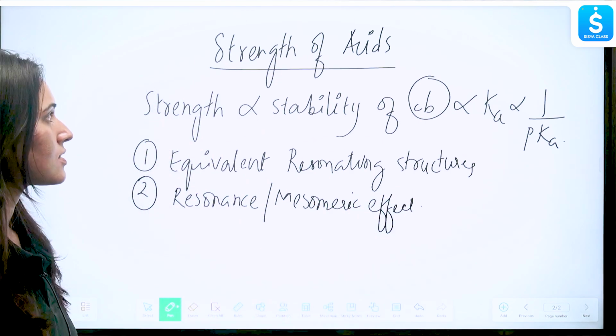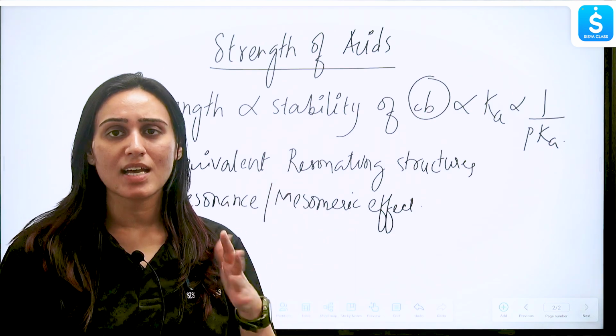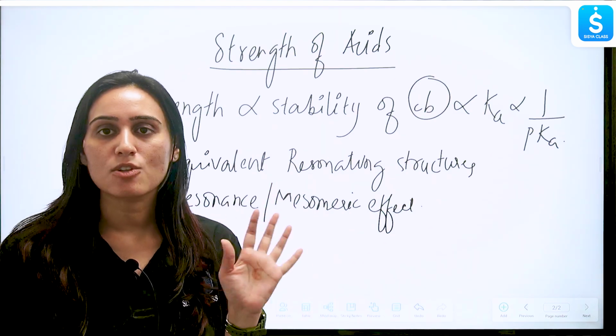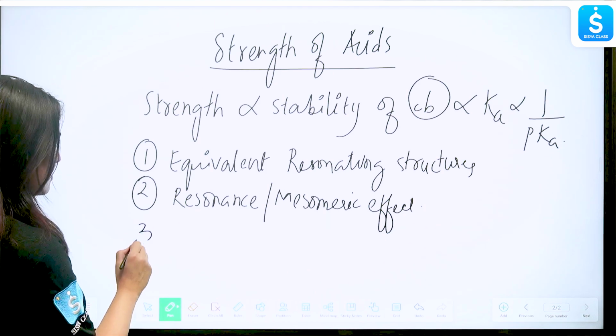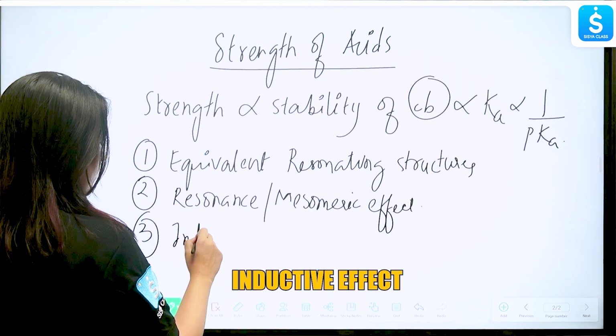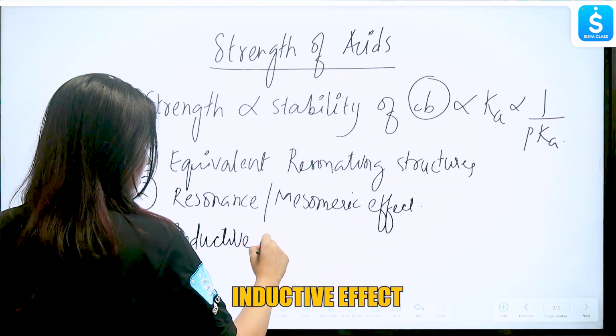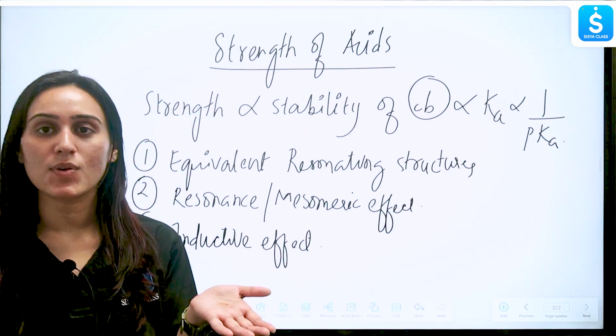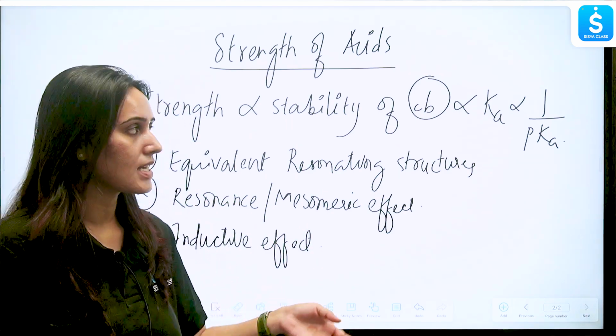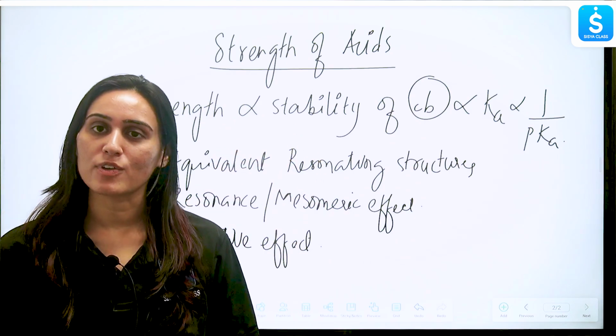Since we are trying to stabilize a negatively charged species, hyperconjugation is not included here. And finally, at the very end, you will have inductive effect. So this is the priority order you will follow. Based on that, you can decide the stability of your conjugate base and in turn, the strength of your acid.